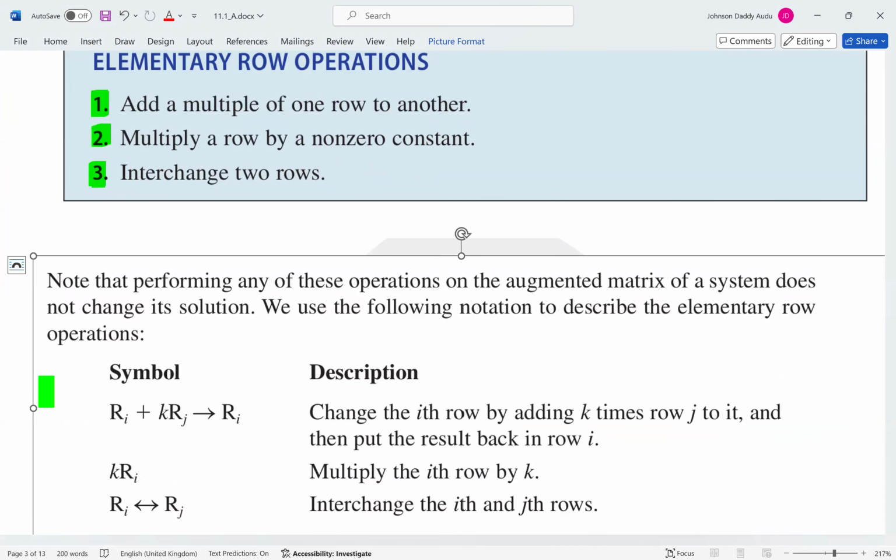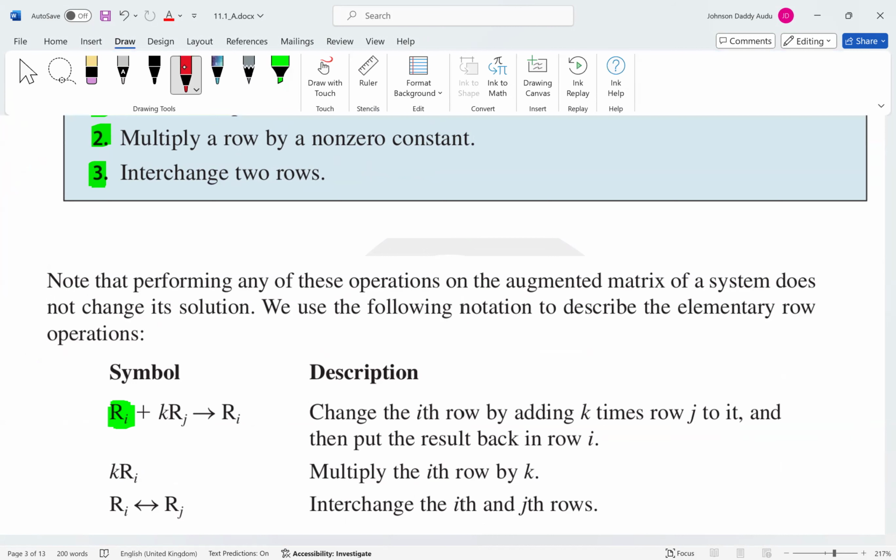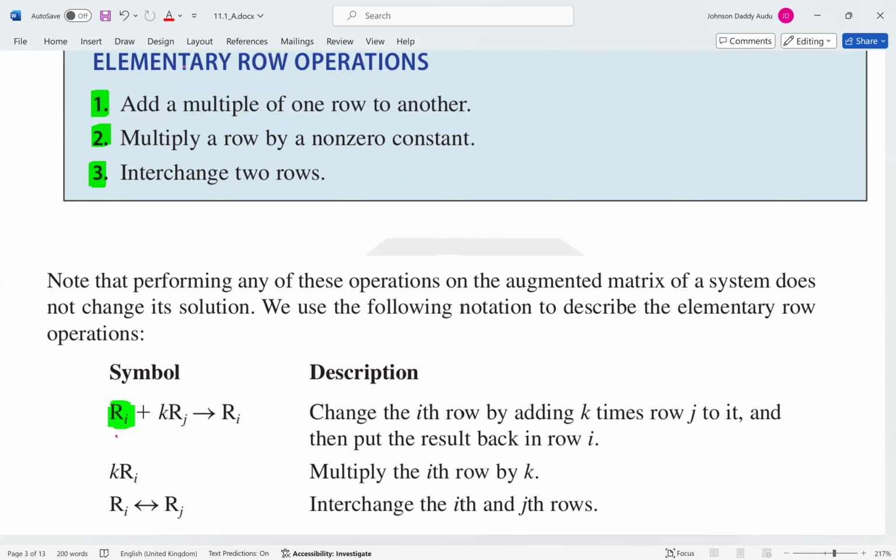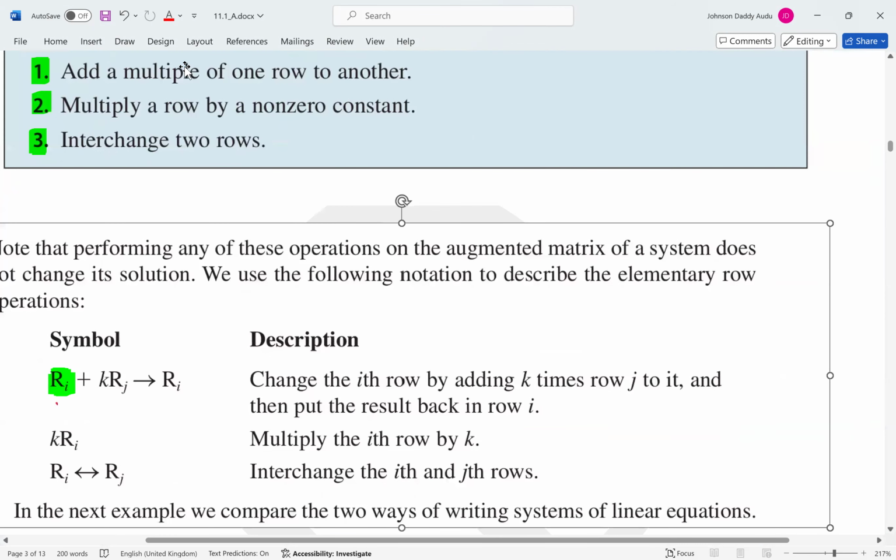So this is simply what we mean. You can multiply a particular row, let's say row 1, and add it to another row, say row 2. Then that will be your next row.